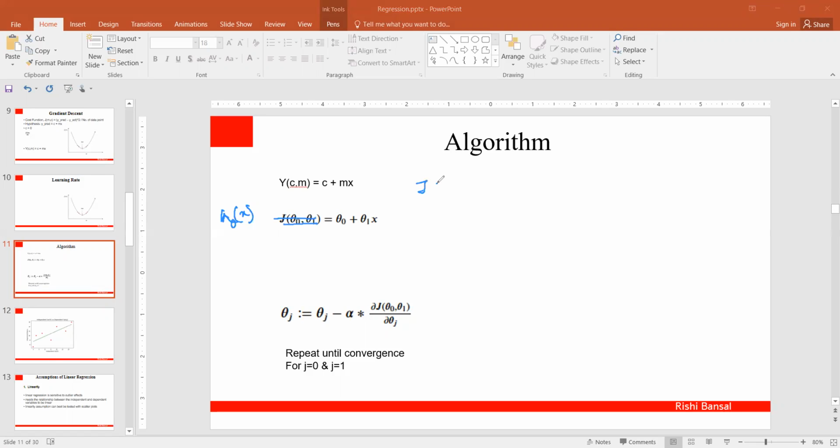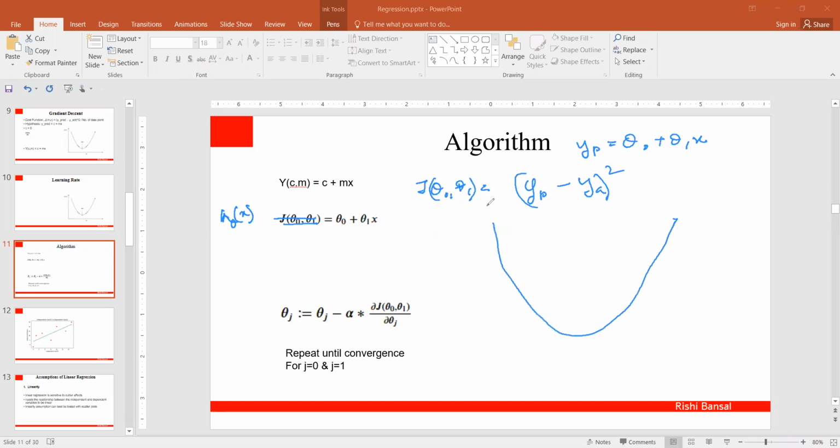J of theta 0, I mean theta 1, is the squared difference of y predicted minus y actual. And our y predicted was theta 0 plus theta 1 x. So you put it here, then it comes. So in short, what was happening in gradient descent?